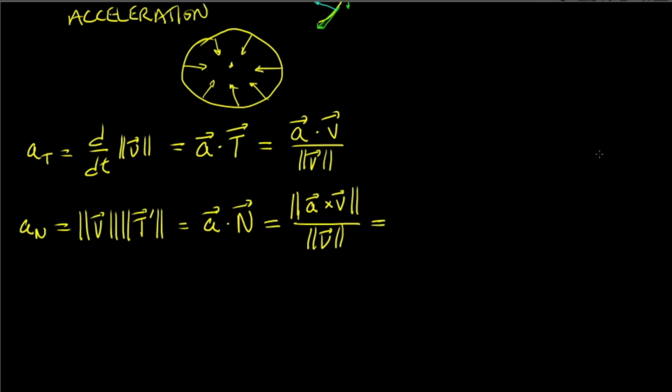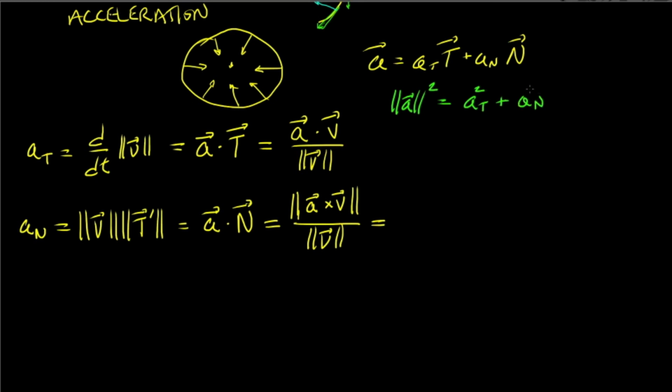Or actually, there's one more way that I almost forget every time. The acceleration vector is just the tangential acceleration times t, plus the normal acceleration times n. And so the magnitude of the acceleration squared is just the square of the tangential acceleration plus the square of the normal acceleration.